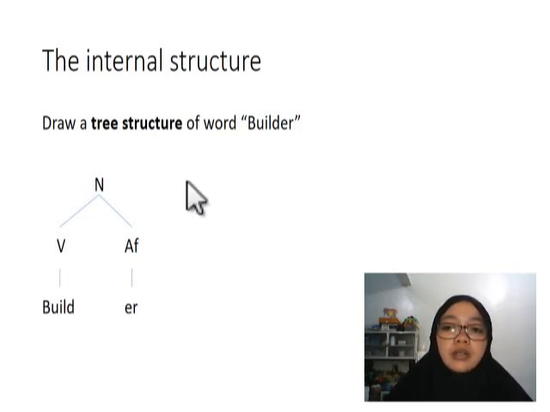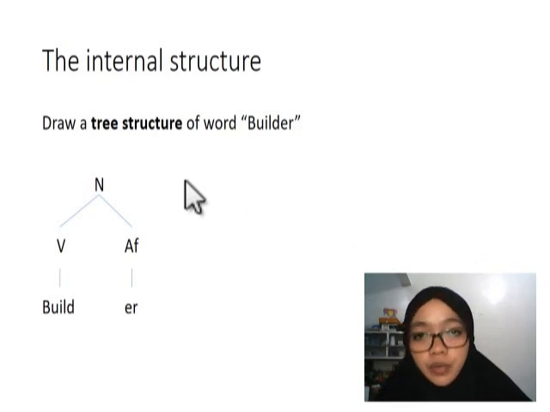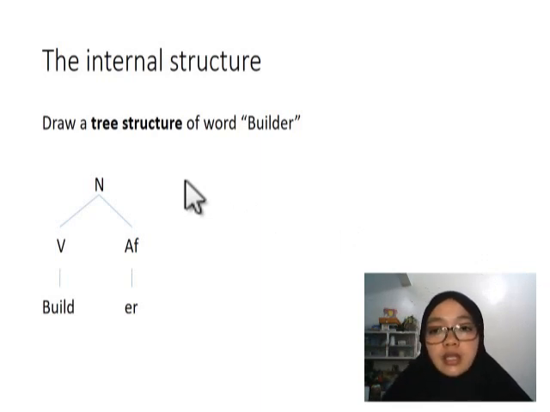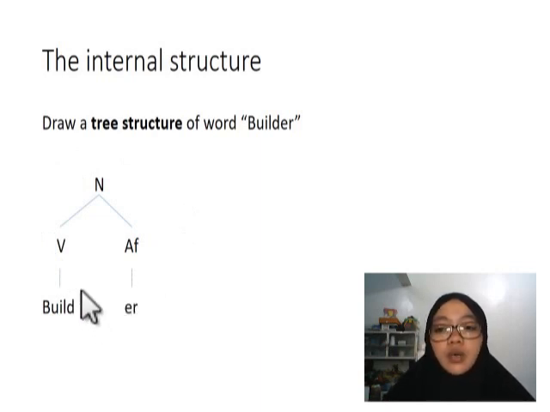We call this the internal structure of the word. If we want to see the internal structure of the word, we identify it this way, using the tree structure. We should separate the word first. Which one is the root? Which one are the affixes?